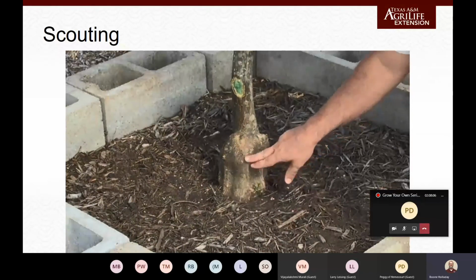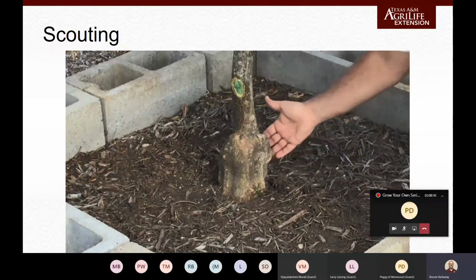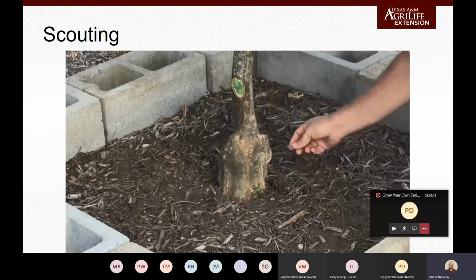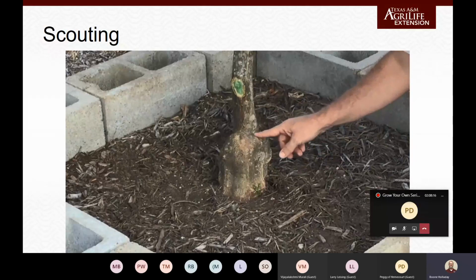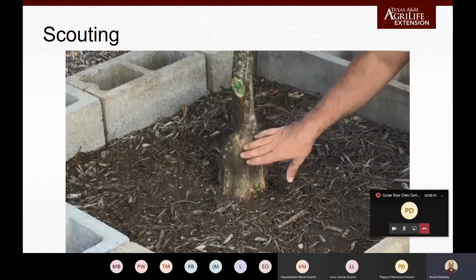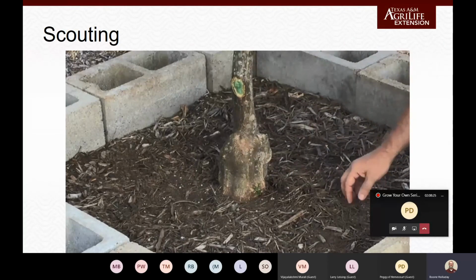And this rootstock is doing well. It is full of starch, but it's having a hard time transferring that starch through this union. And so that starch piles up, and so we get a trunk that's much bigger than the top of the plant. Right now, it's not too much of a problem.